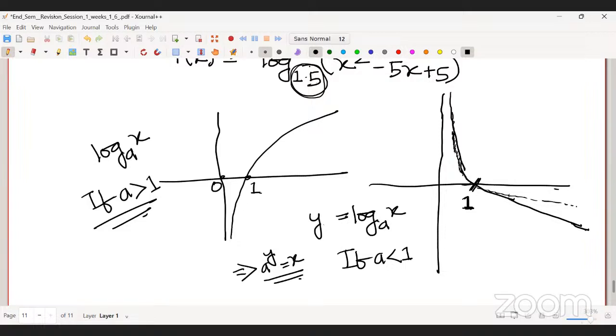And if it is negative, then again, if you have a graph like this, you have to draw the graph accordingly.